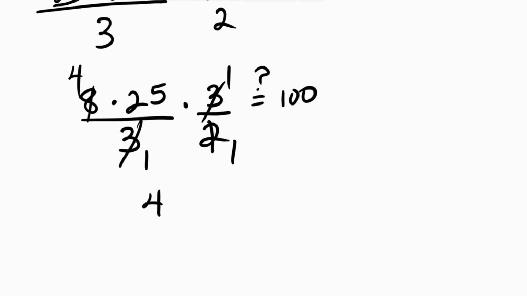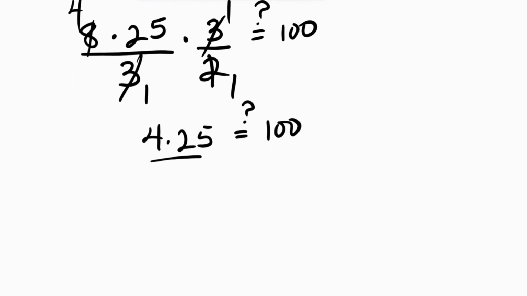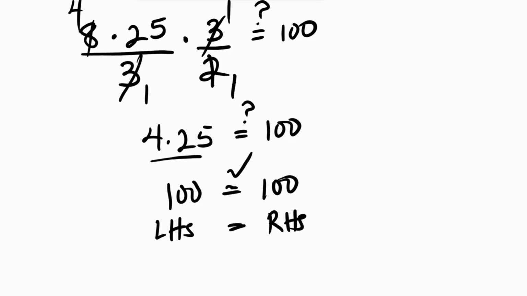So we have 4 times 25. That's going to be equal to 100. If we multiply 25 and 4, we get 100.